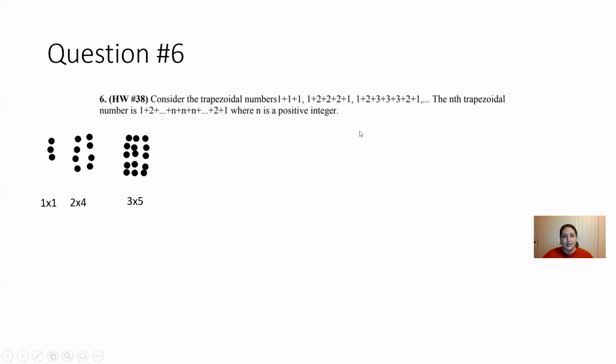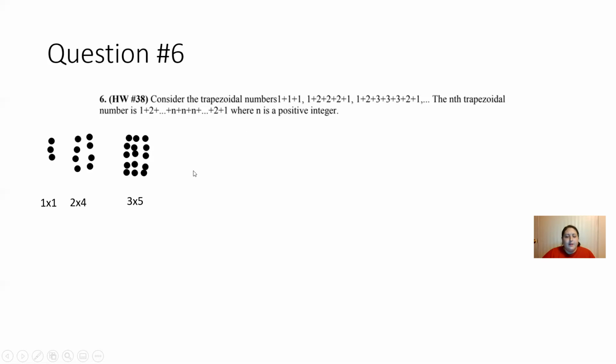Okay, anyways. So this next one, this 1 plus 2 plus 2 plus 2 plus 1, that makes a 2 by 4. And then this next one, the 1 plus 2 plus 3 plus 3 plus 3 plus 2 plus 1, it ends up being a 3 by 5. All right. So that was the question of what are we doing? We are turning these trapezoidal numbers into a dot formed pattern.